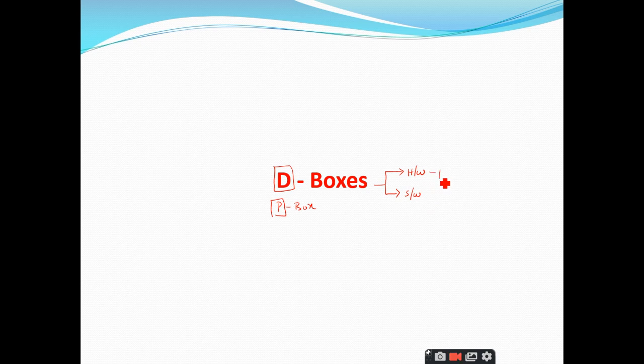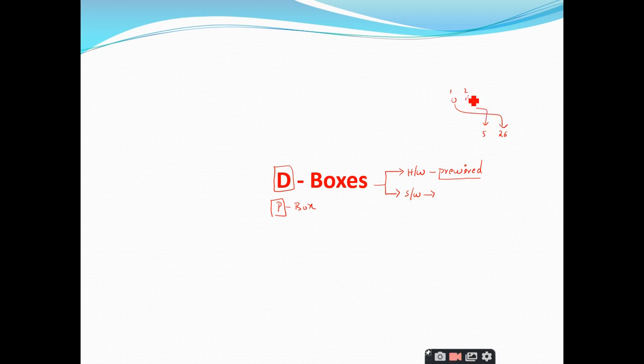When you implement it by hardware, you will make the pre-wiring. So the hardware components of the D boxes are pre-wired. You connect the first bit of the input to the 26th bit, right? It is up to you. And you connect the second bit to the 5th bit of the output.